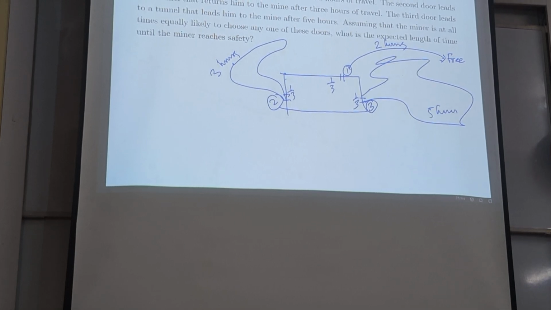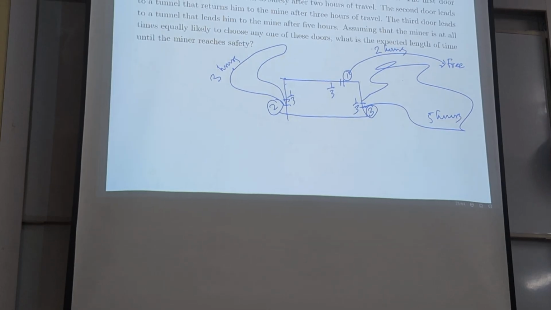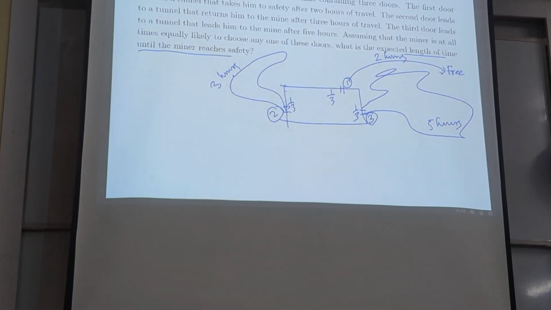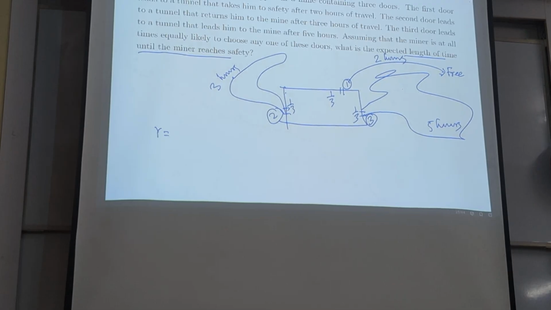Question is, what is the expected length of time until the miner reaches safety? So, we assume that a random variable will exist.